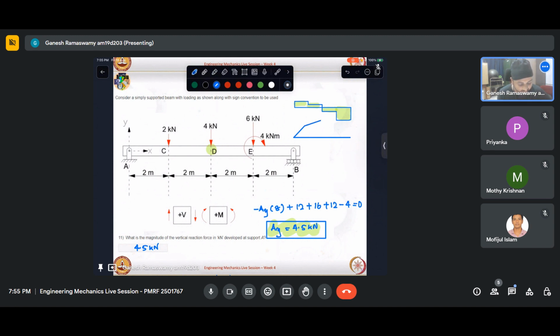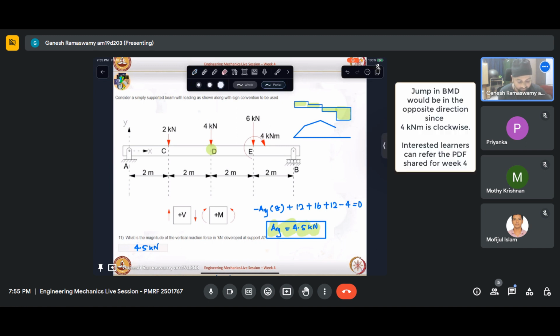Then here, since there is a couple applied, I'll have a jump, and then it'll go like that. Something similar to that, the bending moment diagram will come. We can see that if we are able to calculate these quantities at the key points, we can easily plot the bending moment diagram at once.